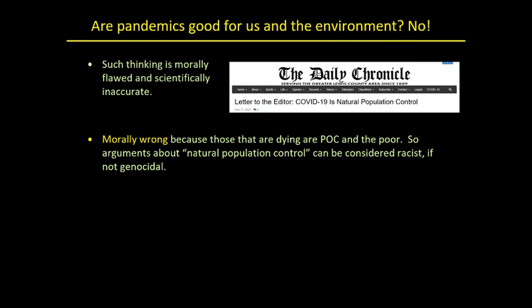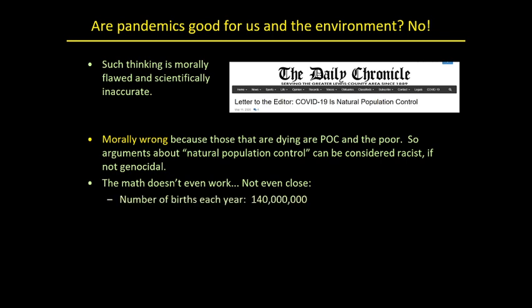It's also white people that are poor as well. And so to argue that we should just let diseases sweep through the population and do a purge or something like that can be considered racist, if not genocidal, not to mention just really cruel. So there are some serious moral complications with making the argument that pandemics are good for natural population control. But scientifically, it's just wrong-headed. It just doesn't even make sense.